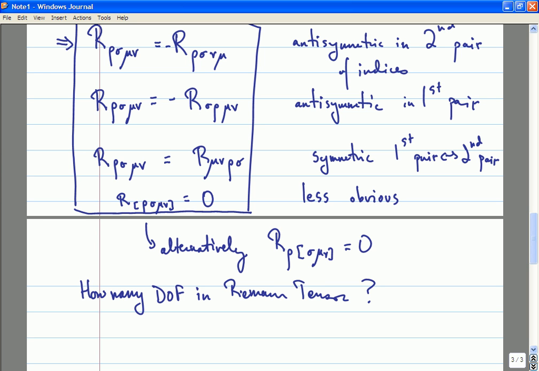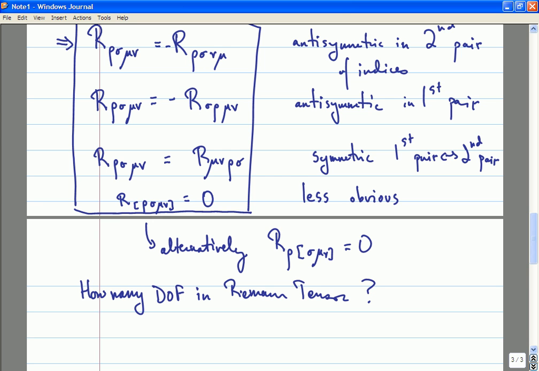Well, let me just stare at these equations for a second. So the Riemann tensor is a 4-index object. And a priori, it's sort of difficult in your mind to imagine counting the number of degrees of freedom in a 4-index object. You're very used to counting the number of degrees of freedom in 2-index objects like matrices. You know how to count the number of degrees of freedom in a symmetric or an anti-symmetric matrix.